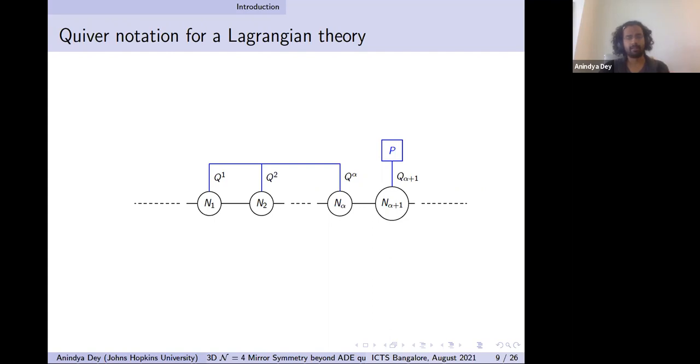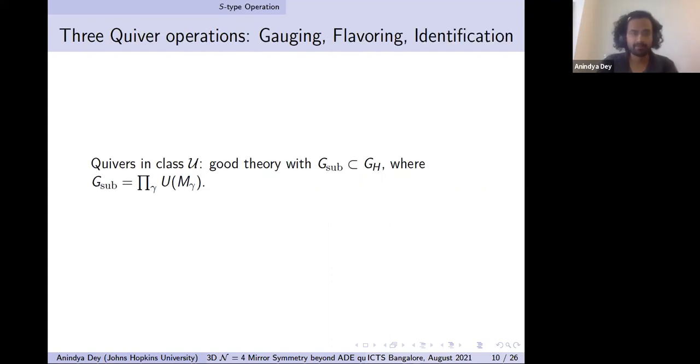Okay. So that's all I need from the perspective of quiver diagram. Now we are ready to introduce this generalization of S operations that I was talking about. Firstly, I'll consider quivers in a certain class that I call class U. These are good theories such that the Higgs branch global symmetry of this theory has a subgroup which is a product of unitary factors.